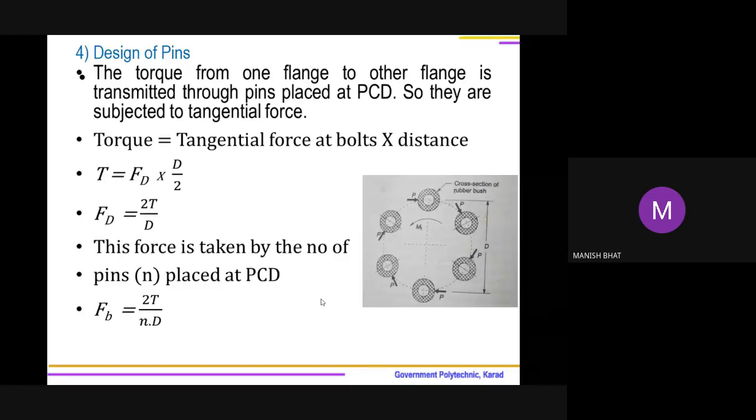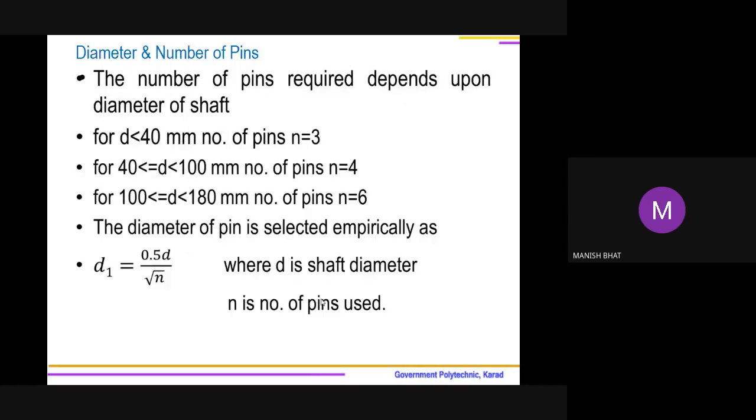So this is that FB force. FB force coming on each bush is equal to 2 times T divided by D into N. N is the number of pins used here. So we can find how much force is acting on each pin or each bolt.